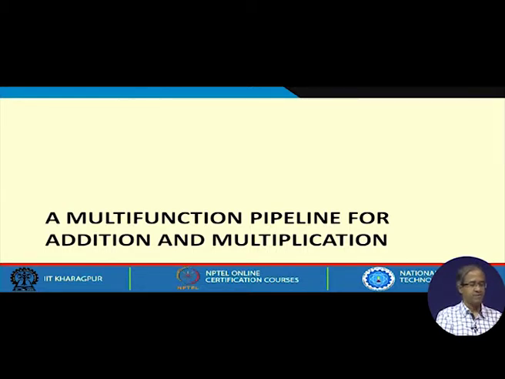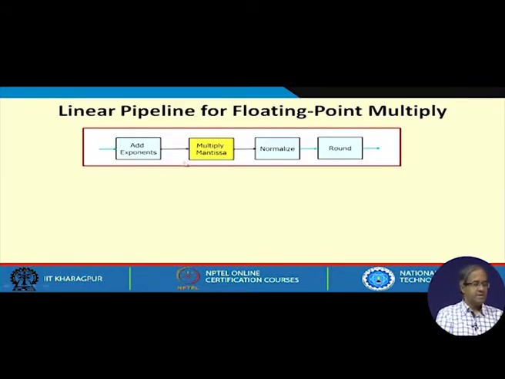Let us see, because we have already seen nonlinear pipelines in our last lecture. This is a simple pipeline for floating point multiply. So, I am showing a simplified diagram. You are doing add exponents, multiply mantissa, normalize, rounding.